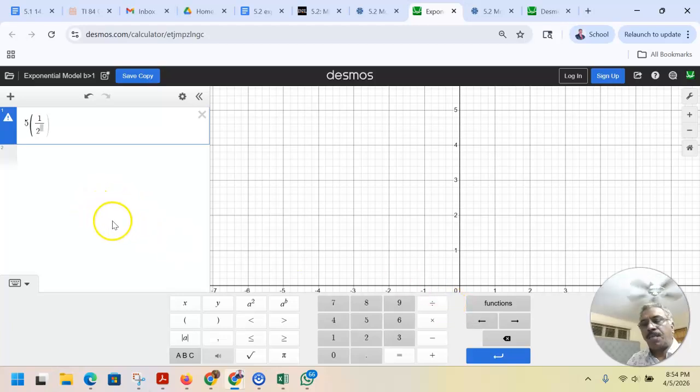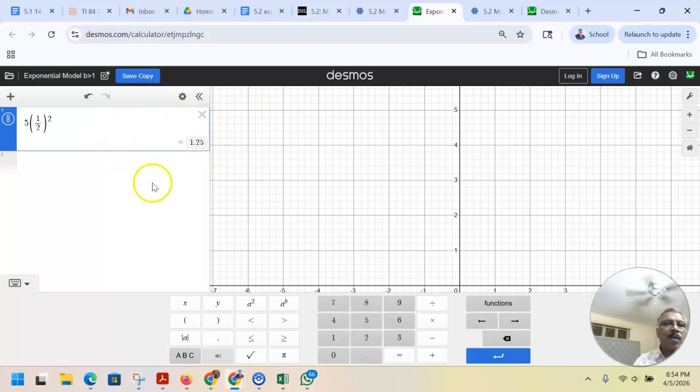So you go up, and go back and then close it and then go up, put a 2 and you get the answer, see, 1.25. This one, I don't know how it gives you the decimal, not the fraction. Hope I made sense.